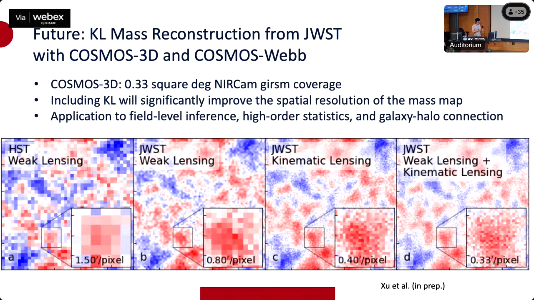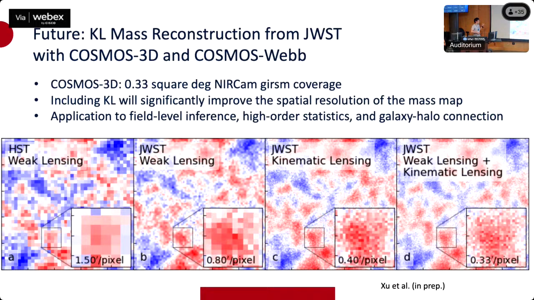For example, we are considering weak lensing mass reconstructions from JWST with GRISM and image data. So we are looking at the COSMOS-3D dataset, which is a 1/3 square degree NIRCam GRISM survey, covered with the imaging part from the COSMOS-Web data. And the left panel shows an illustrative figure of the HST era weak lensing.